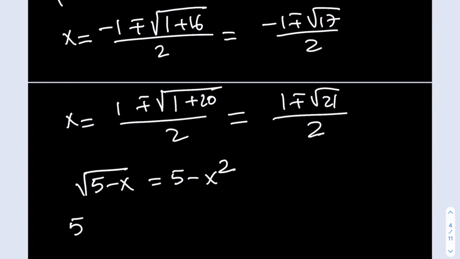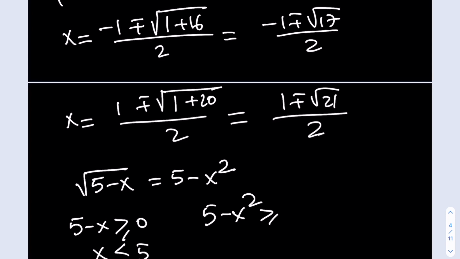5 minus x needs to be greater than or equal to 0, which means x needs to be less than or equal to 5. And we also know that 5 minus x squared needs to be greater than or equal to 0, which means x needs to be between negative root 5 and positive root 5. Obviously, this is going to be met if we have this.